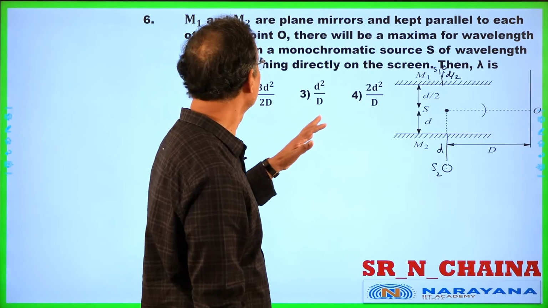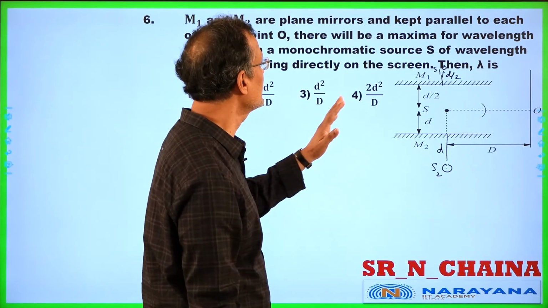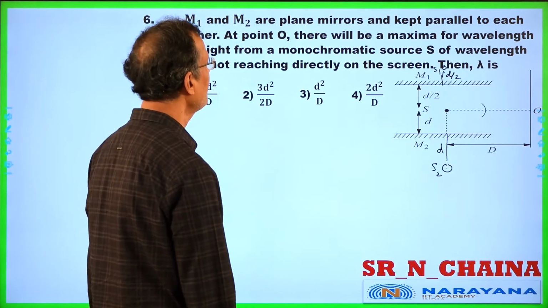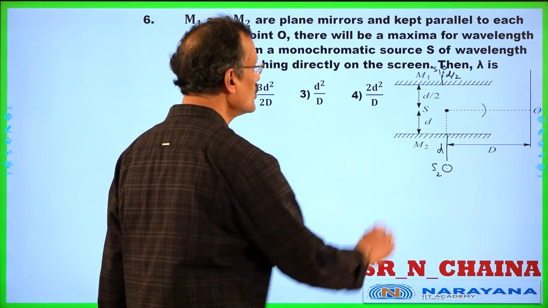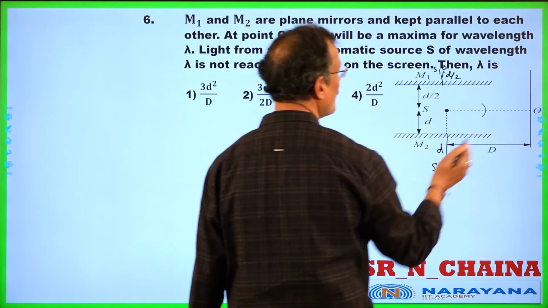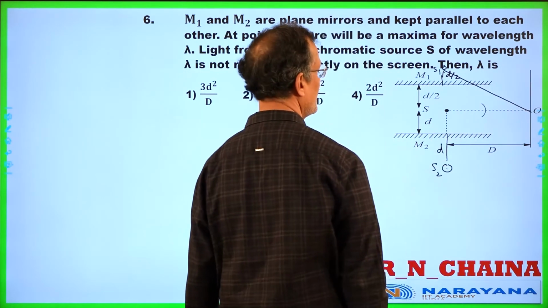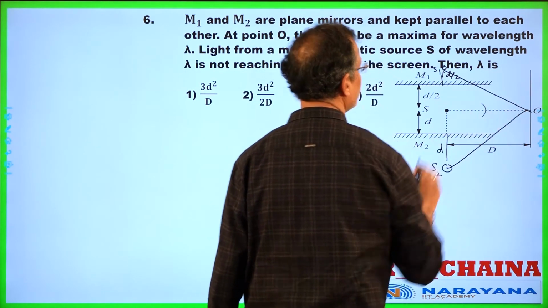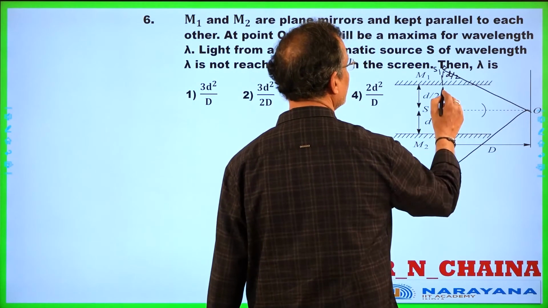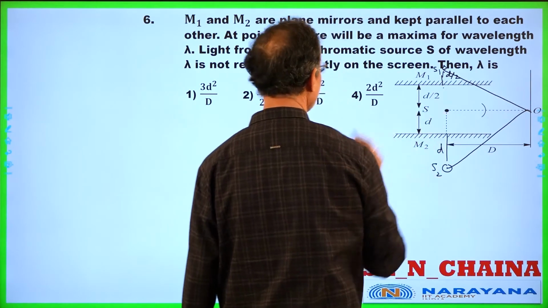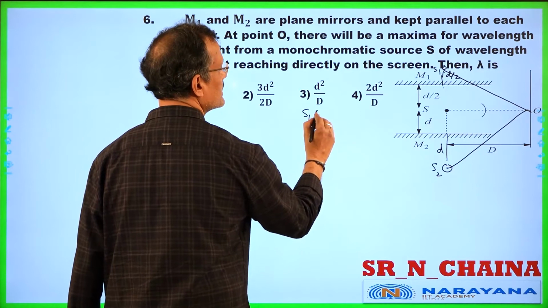Again you will have to check. They want light from a monochromatic source reaching here. They want the lambda value, and there will be a maxima for wavelength lambda. Do you want maxima there? You go for the path difference. From here, this is S1O, this one is S2O. This distance they have given you is d, this is d by 2, this is d. So I will go for S1O first.